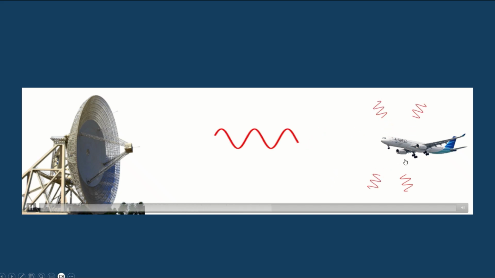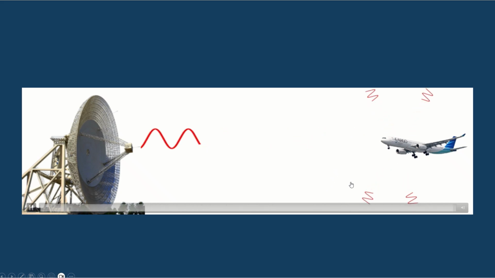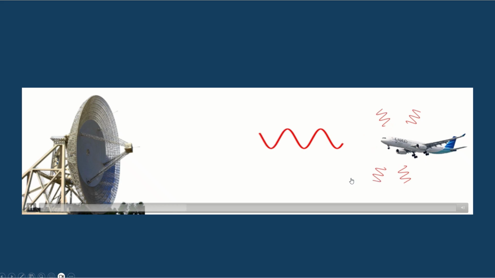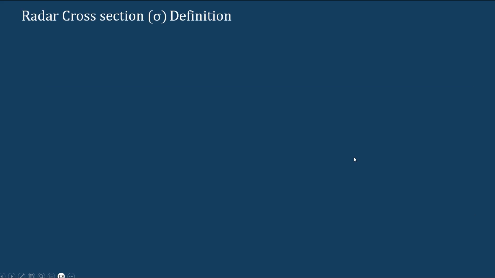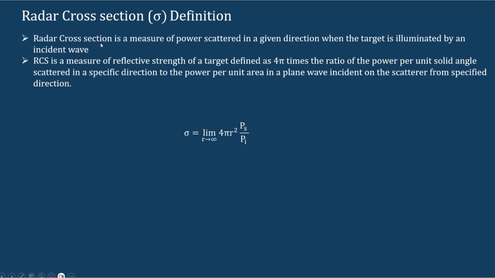These reflected powers actually represent the radar cross-section of this target. This is the definition of the radar cross-section: a measure of power scattered in a given direction when the target is illuminated by an incident wave. This is the IEEE definition.